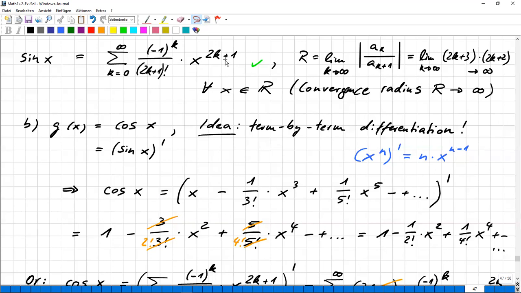So what do we do? We just take this exponent as a factor, which then, like we've seen before, cancels against the highest factor of this factorial. This one transforms to its predecessor factorial. The sign is conserved as it is, and the exponent shrinks by 1, so that in the end it's x to the power 2k, and that's all.